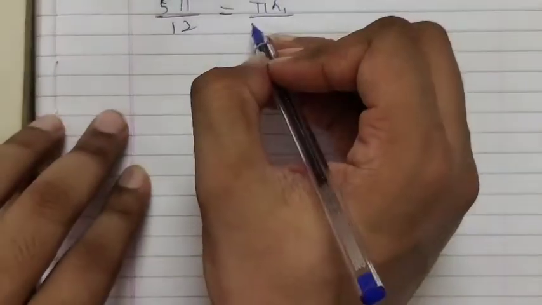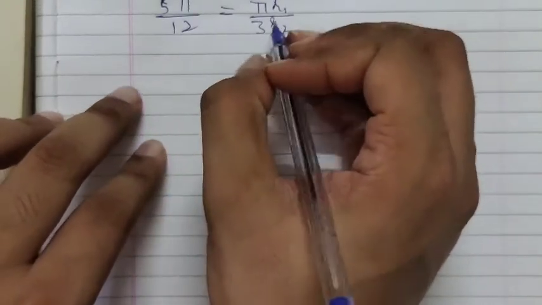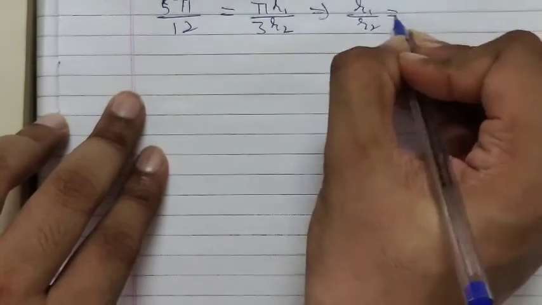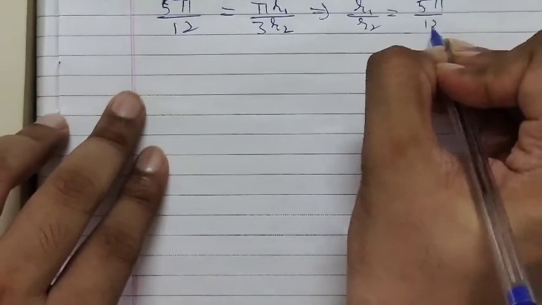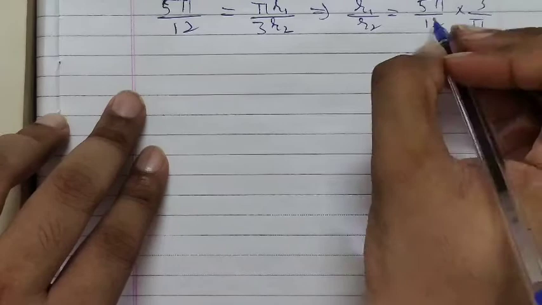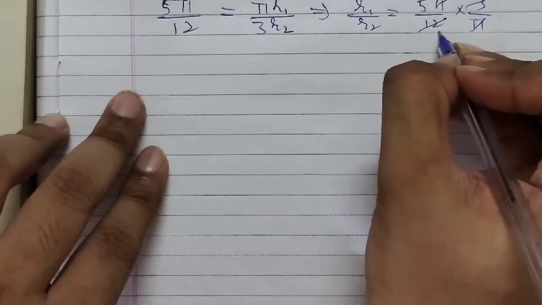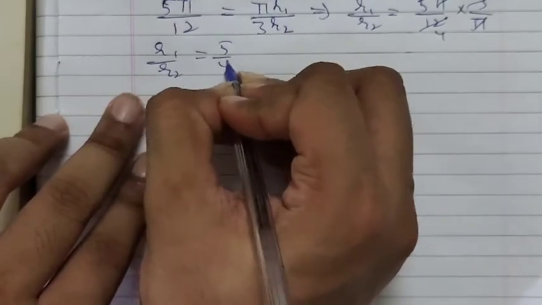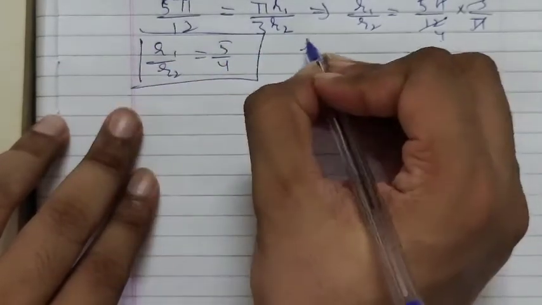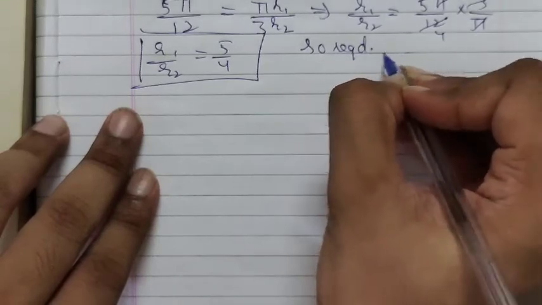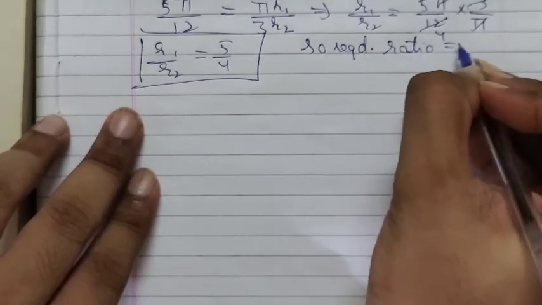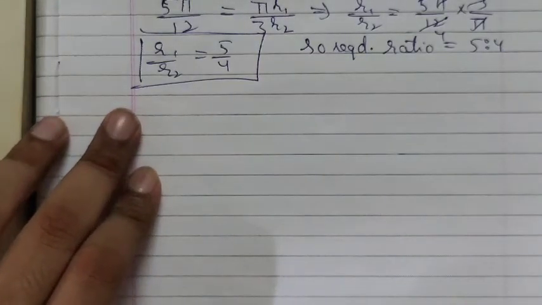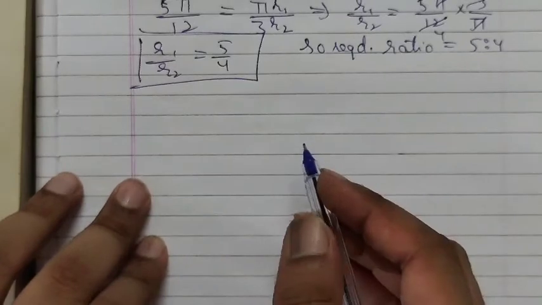We have to find R1 upon R2. So R1 upon R2 is equal to 5 pi by 12 multiplied by 3 upon pi. Pi and pi get cancelled, 3 one time, 3 4 times. So the ratio R1 upon R2 is equal to 5 upon 4. So the required ratio is 5:4. Simple, easy question it is.